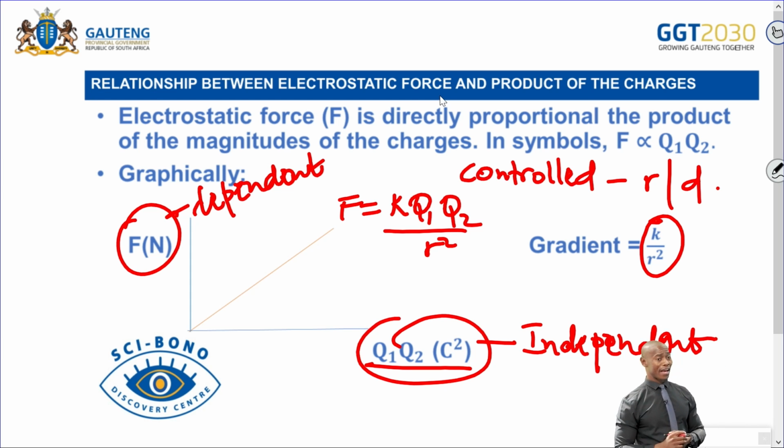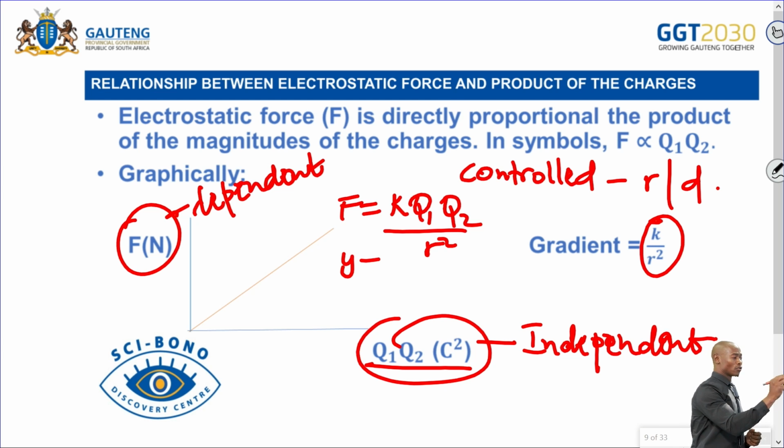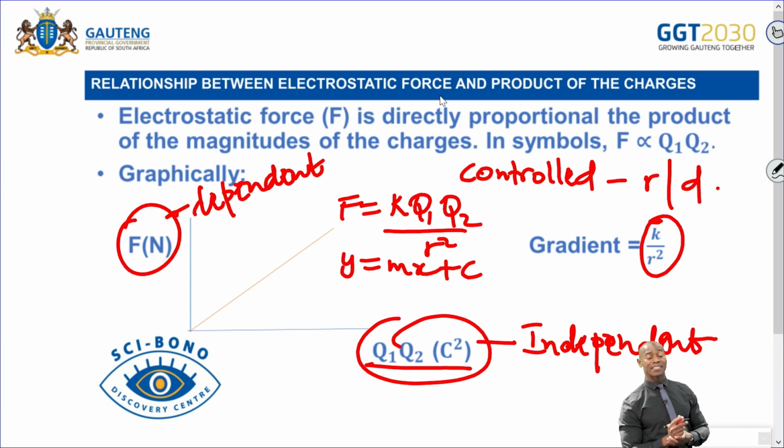On the vertical axis, we have F, and on the horizontal axis, we have Q1 Q2. According to your mathematics, this is a straight line. The equation of a straight line is y equals mx plus c. Since our graph starts from the origin, our c, the y-intercept, will be 0.